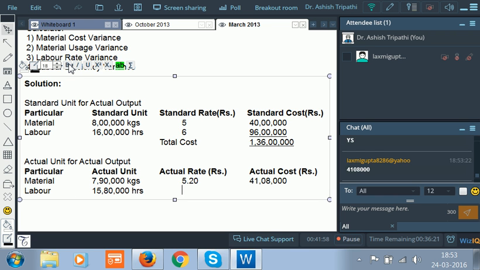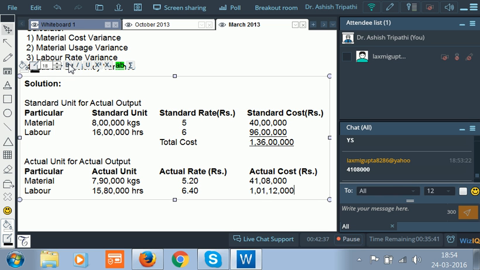Labor 15,80,000. Actual rate 6.40. Let us take the total. 1 crore, 1 lakh, 12,000.